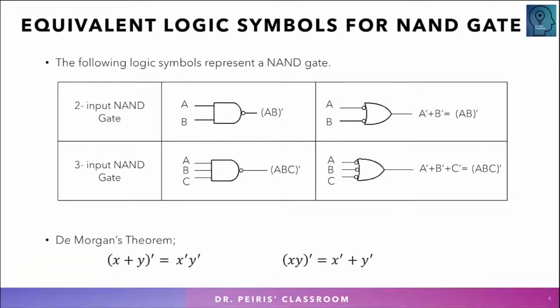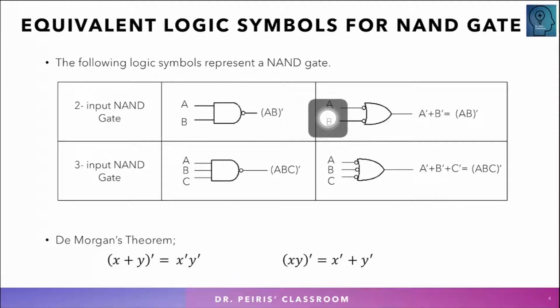Now let's see the equivalent logic symbols for NAND gates. Here I show both 2 input NAND gates as well as 3 input NAND gates. This is the general logic symbol for the 2 input NAND gate, and this is the equivalent logic symbol for the NAND gate. You see that it looks like an OR, but there are bubbles at the inputs.